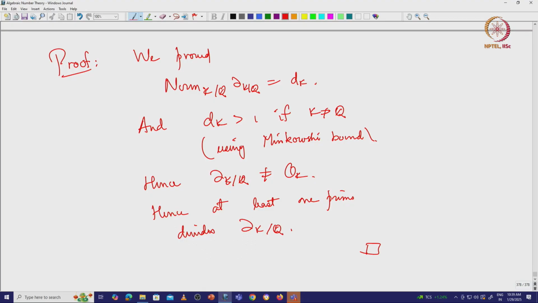So this situation is very specific to Q, and you see why, because we are using these bounds on the discriminant. All right. So we proved this amazing result that only finitely many primes ramify in any given extension, because they are characterized by whether they divide the different or not. And if you want to look at primes downstairs, then it is whether they divide the discriminant or not.